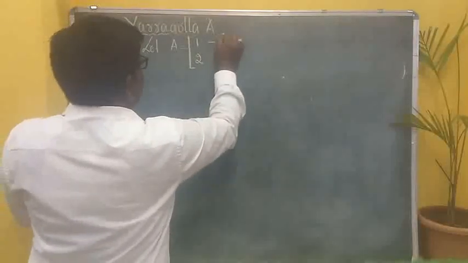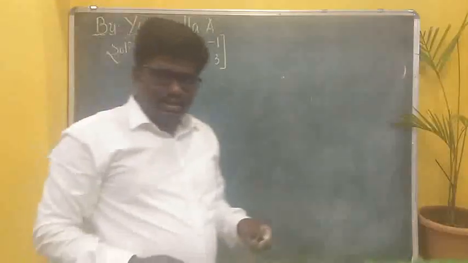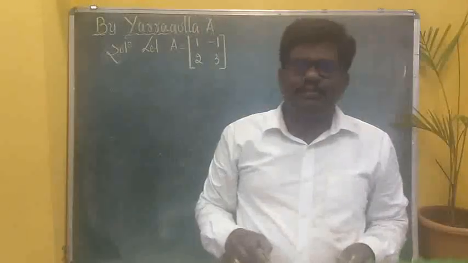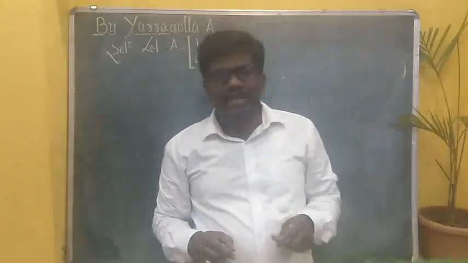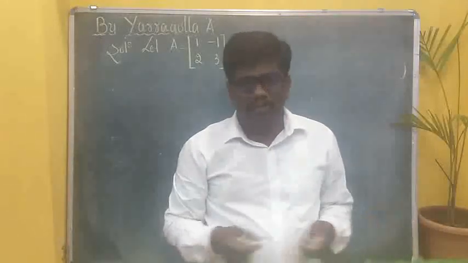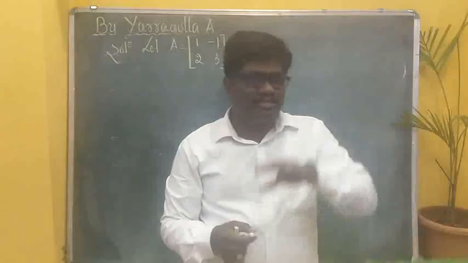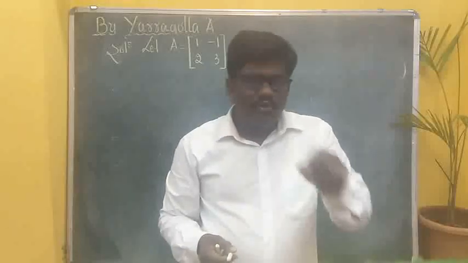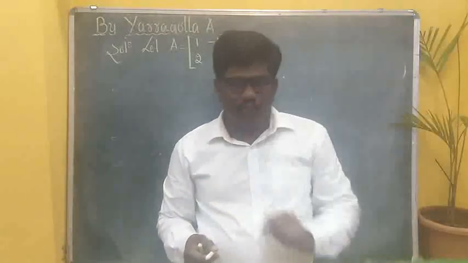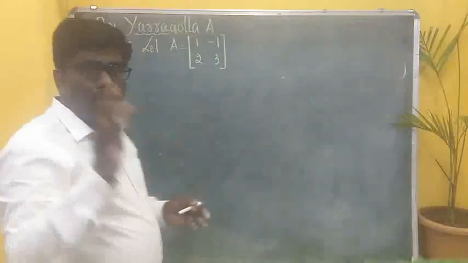Now this is the given matrix. The next step that we write in the annual exam will get you 1 mark. You know that in mathematics you get marks based on the steps, right? So try to follow the step which is going to give you 1 mark.